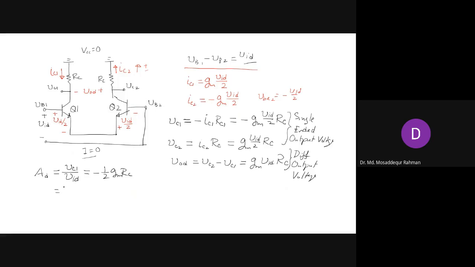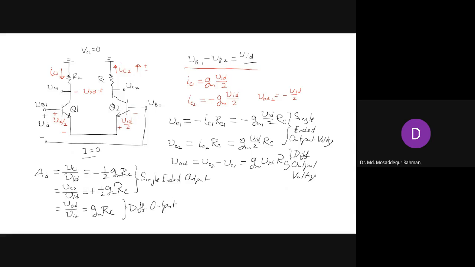And then VC2 by VID will be plus half GM RC. And then the differential output VOD by VID will be GM RC. So these are the gains for single-ended output, and that is the gain for differential output.